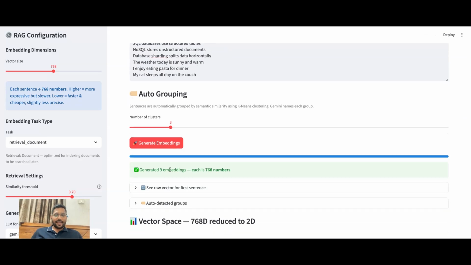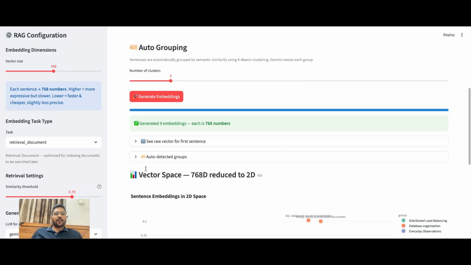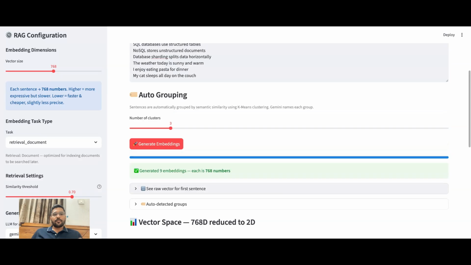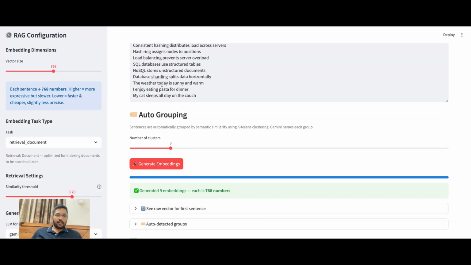So what exactly does embedding mean? Embedding means a mathematical representation of our language, our data.